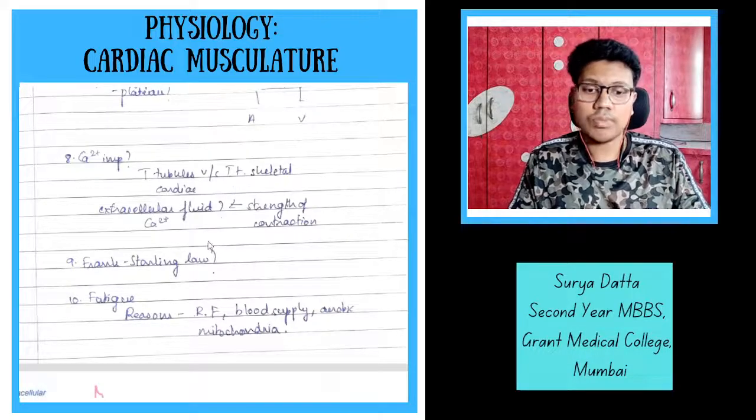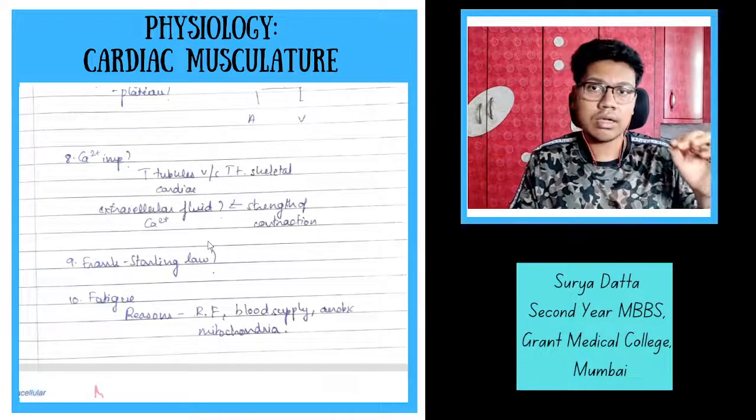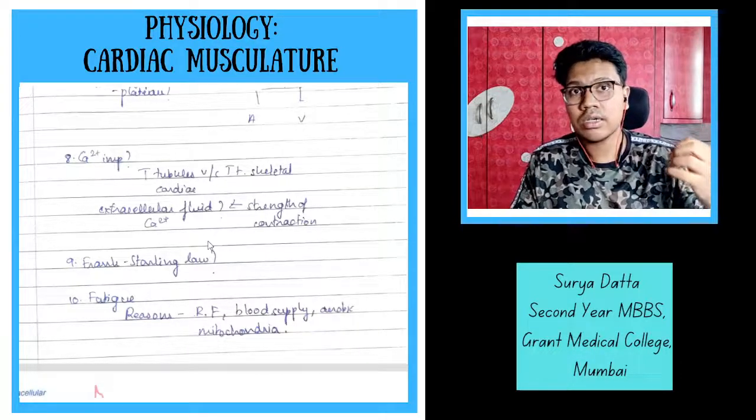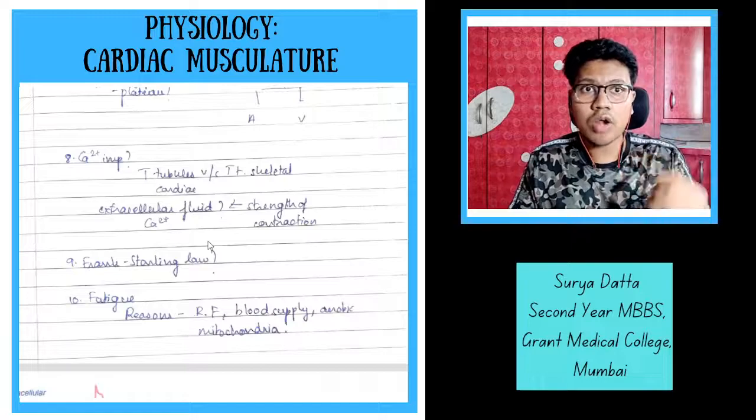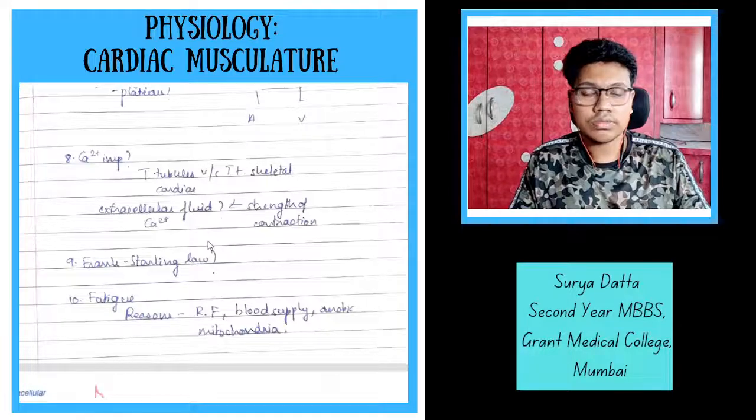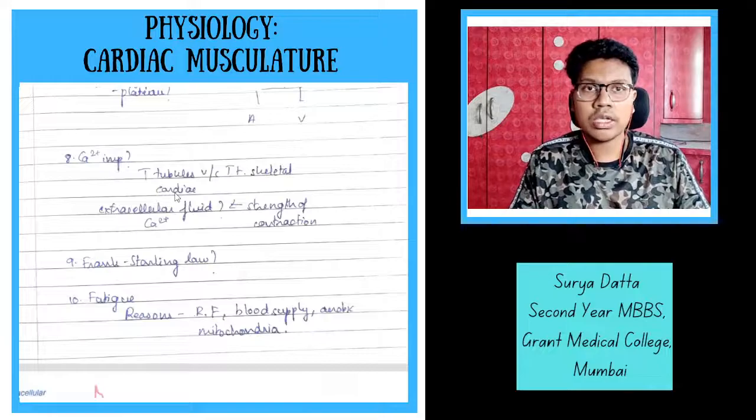Now, calcium importance. Calcium is quite important in the understanding of your contraction. So I would really suggest that you go through the normal excitation contraction cycles in skeletal muscles and then come to this. But if you don't want to do that, I'm going to explain it to you. You'll just find it a little bit easier to understand.